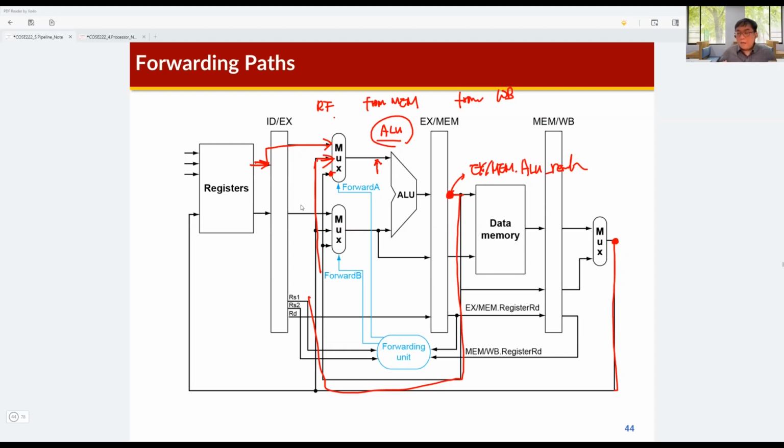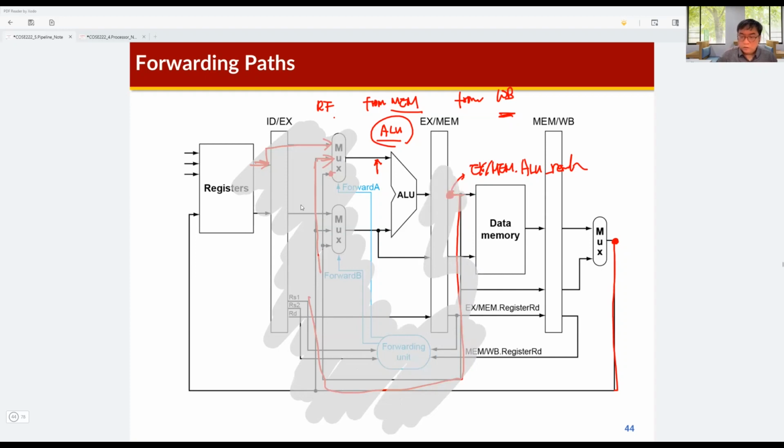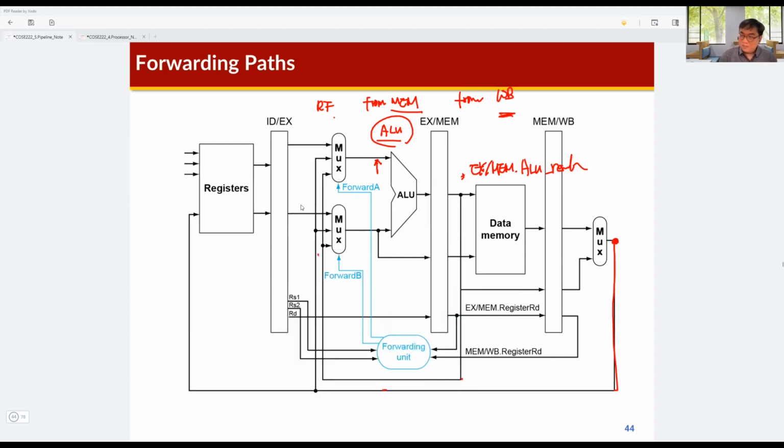So that means this input port of the ALU receives one of these three different results: the result from the register file, the result from the memory stage, or the result from the write back stage. So we need to select the input of the ALU from these three sources.